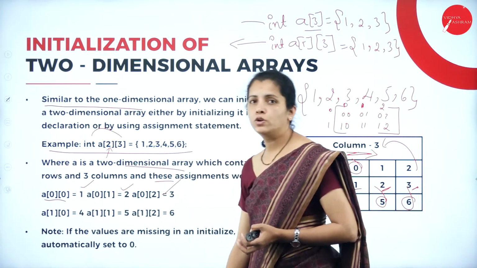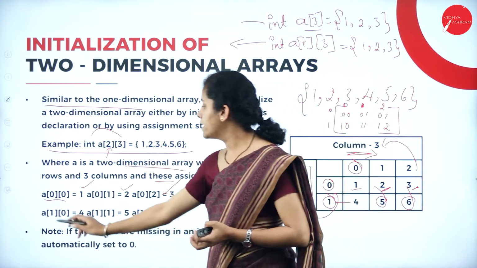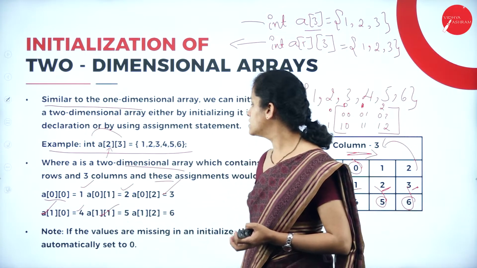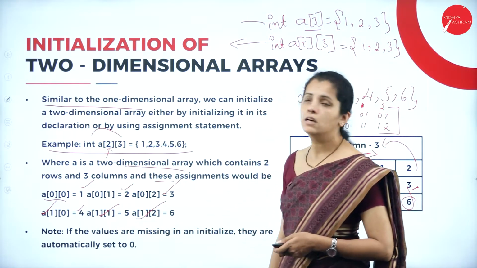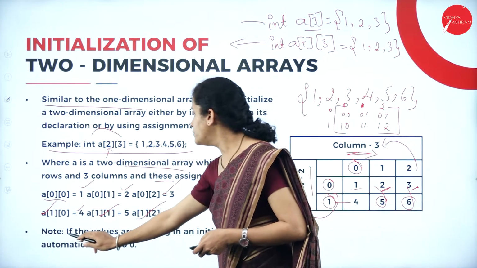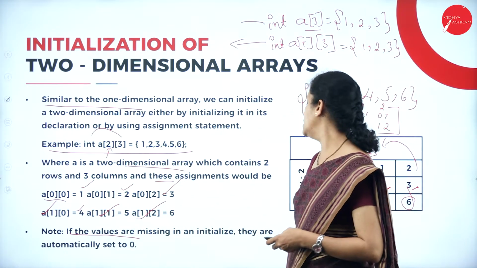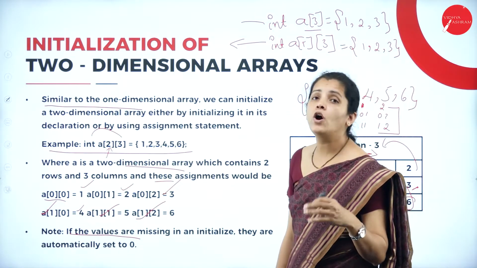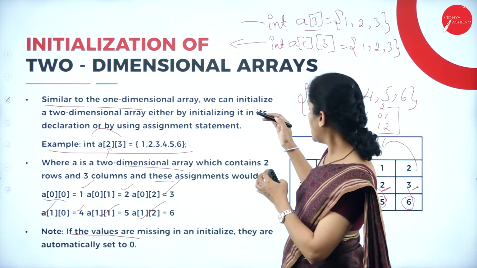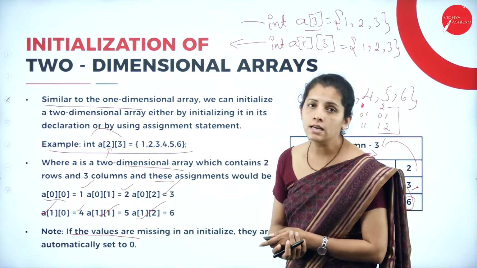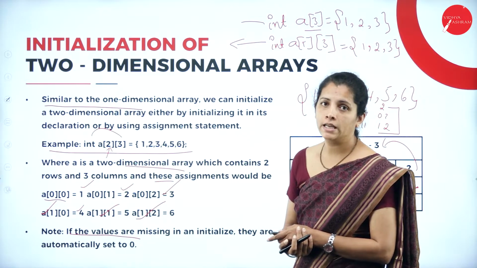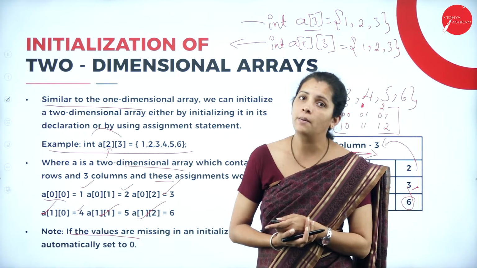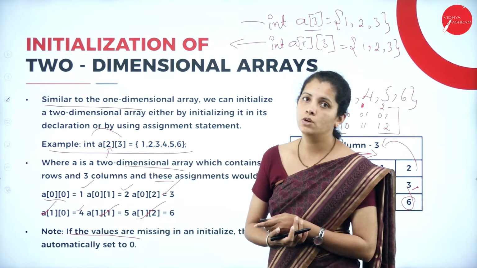Now the row is incremented by 1, that is A of 1,0 is 4, A of 1,1 is 5, A of 1,2 is 6. Now if the values are not assigned in my array, then 0 is placed automatically. Now tell me who places 0. That is the job of the compiler.